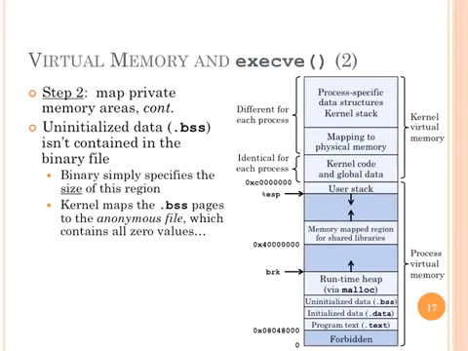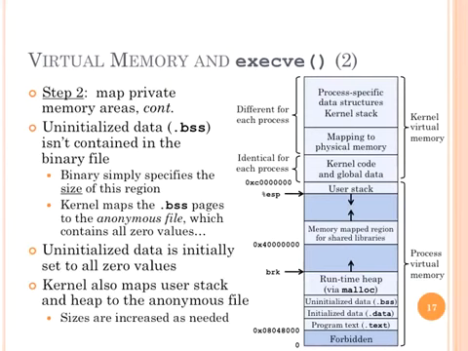That's the whole idea behind mapping uninitialized variables, or variables initialized to 0, into the BSS segment, because they're taken from the anonymous file, so you can guarantee they'll be zeros. Okay, any questions about that? A little bit subtle. Like I said, it starts to get into some of the more esoteric details here.